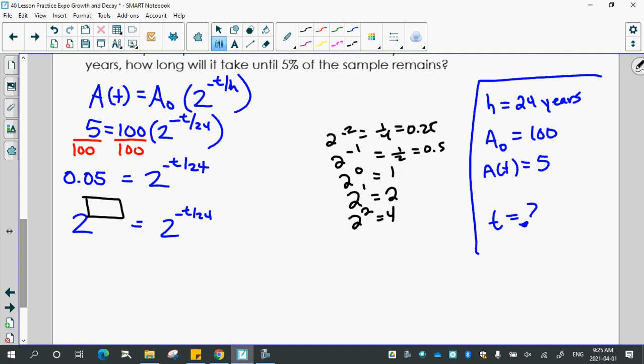Well, that's even smaller, so I want to go 2 to the negative 4.4. 2 to the negative 4.3. That's good. That's as good as we're going to get, okay? And that's approximate. So therefore, negative 4.3 is approximately equal to negative t divided by 24.